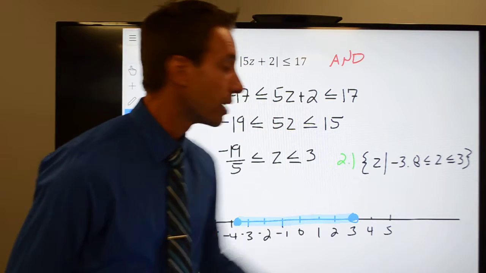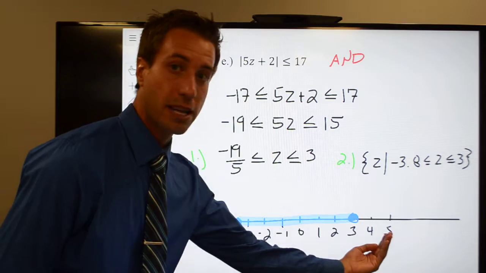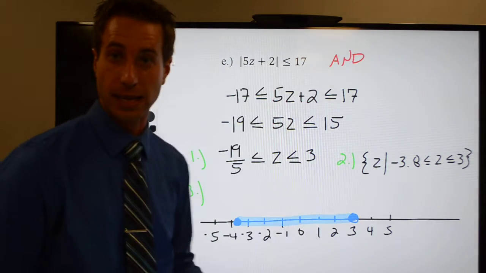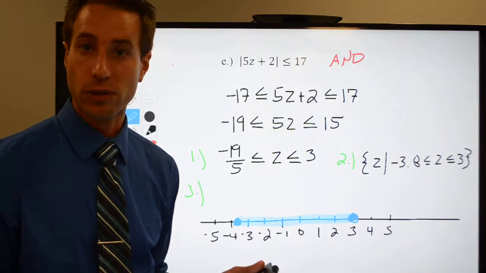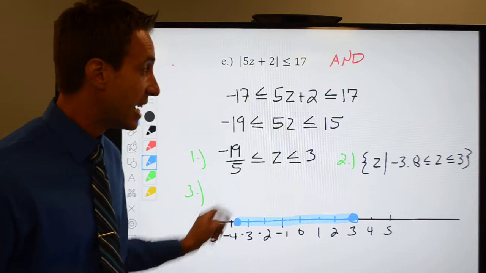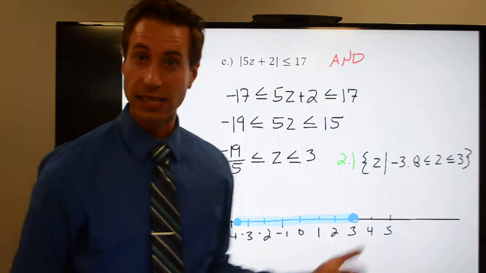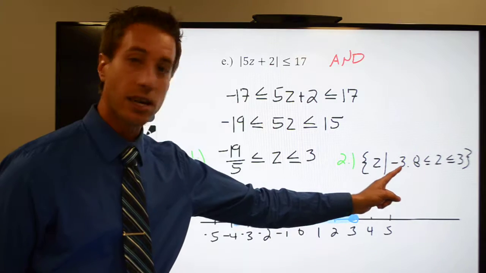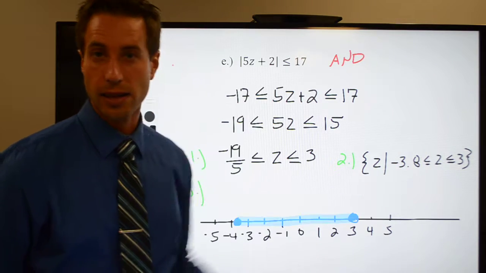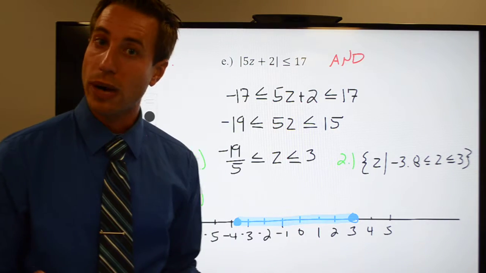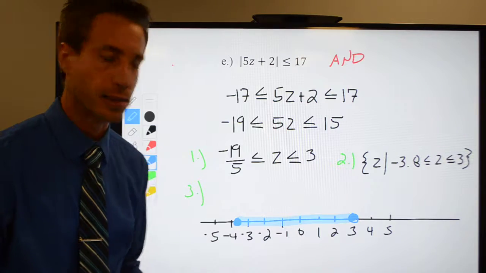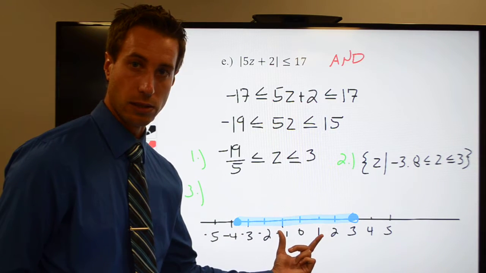The less than or equal to a positive 3 would be everybody going in this direction to negative infinity, right? But I don't want all of those numbers because not all of them will satisfy both. If I chose negative 5, it satisfies this one, z less than or equal to 3, but it doesn't satisfy this one because negative 5 is less than a negative 3.8, not greater than. And I must be able to satisfy both inequalities at the same time. And those are the ones that do it.